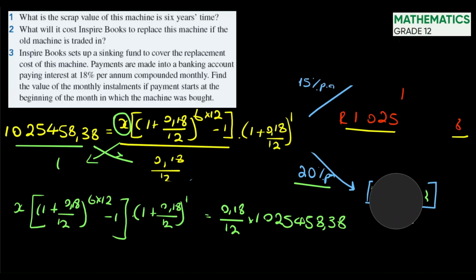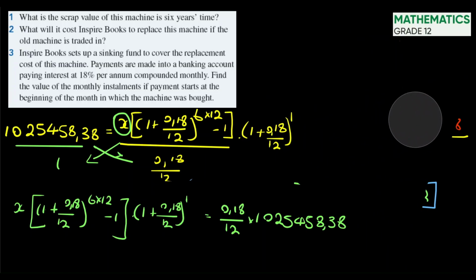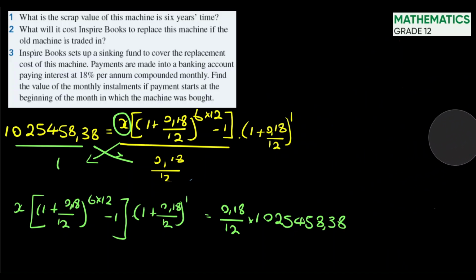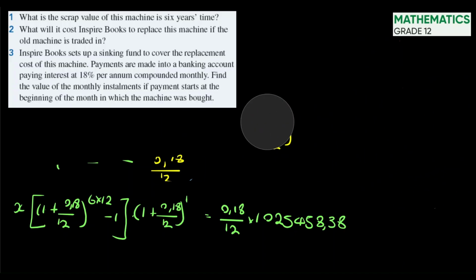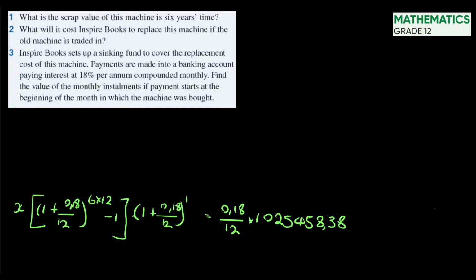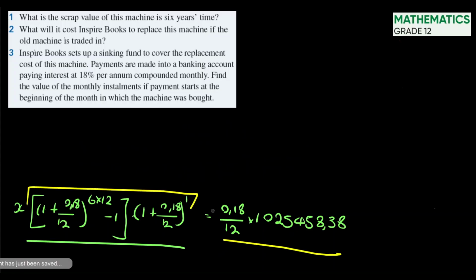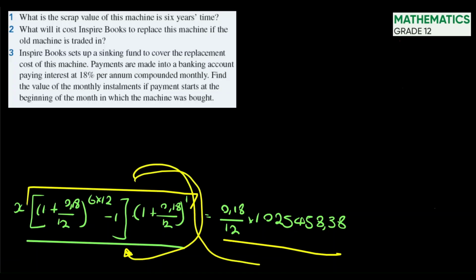If you can see it, it would be amazing as to what we need to do now. We just need to divide everything on the left hand side by all of this and divide the right hand side by the same. So this will be dividing that over there, and this will be dividing that over there.